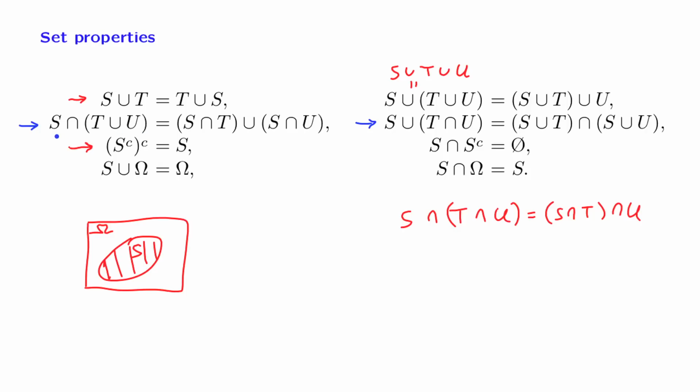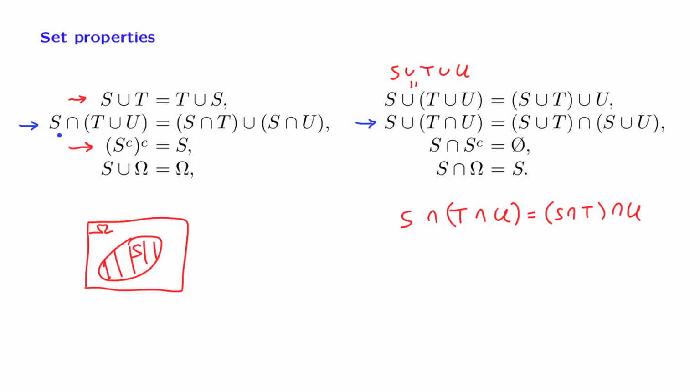If X is an element of this, then X must be an element of S, and it must also be an element of either T or U. Therefore, it's going to belong either to this set, it belongs to S and it also belongs to T, or it's going to be an element of that set, it belongs to S and it belongs to U.